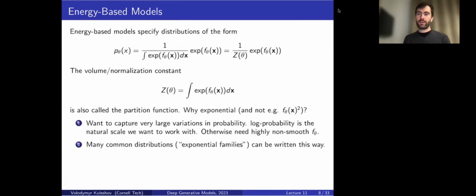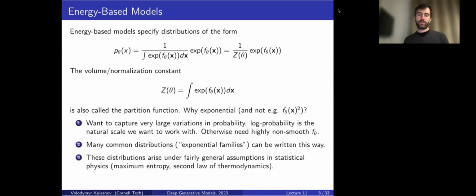This model family, as I will explain later in the lecture, generalizes other modeling families that you might be familiar with. Even a Gaussian could be placed in this framework, and many more. There are also reasons based on theories from statistical physics and information theory that explain why the exp is a reasonable operator to use here.